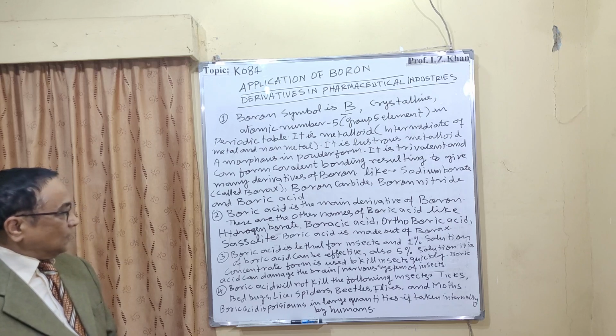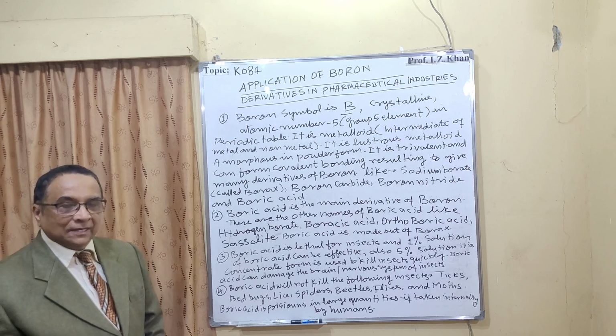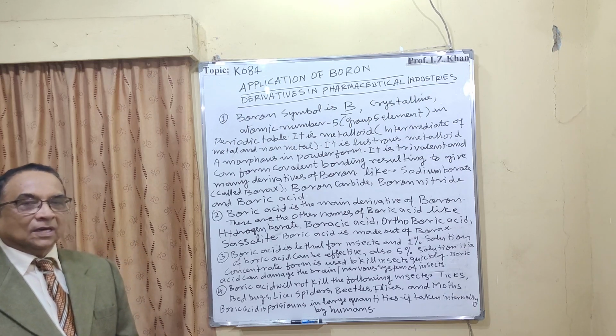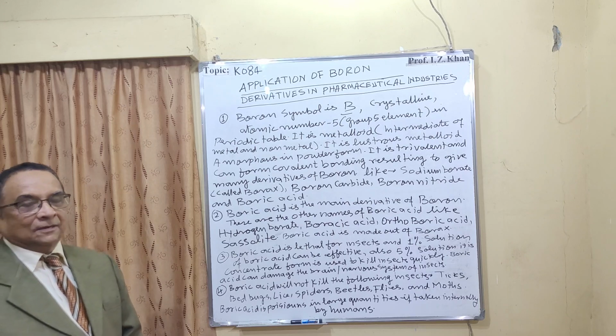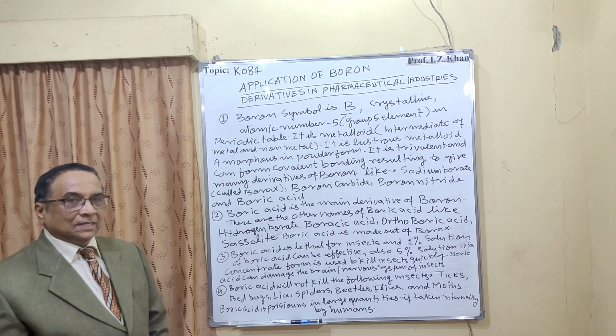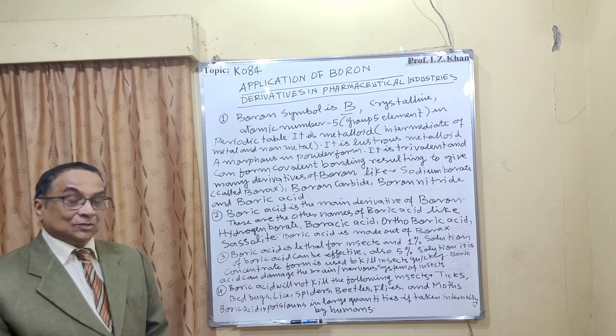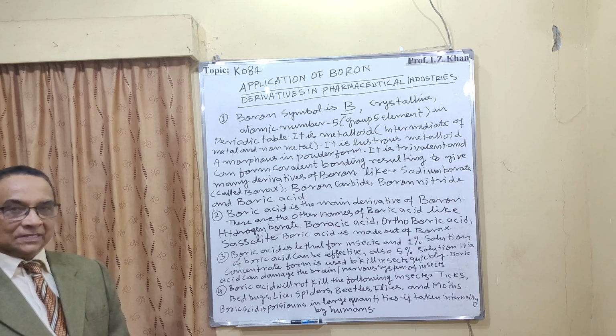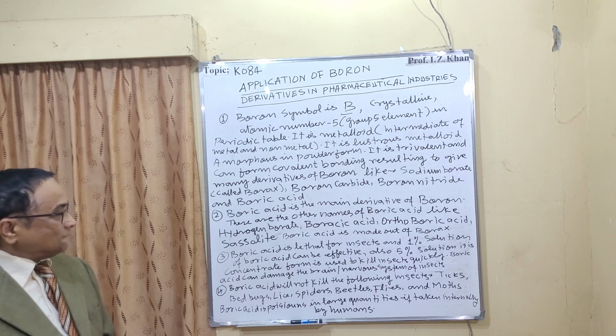Number three, boric acid is lethal for insects, and a 1% solution of boric acid is enough to damage the nervous system and brain of the insects. And if you want very quick action, you can use up to a 5% solution of boric acid.